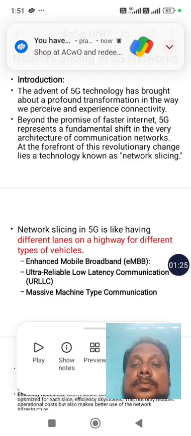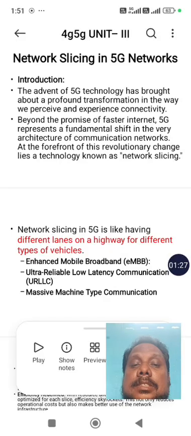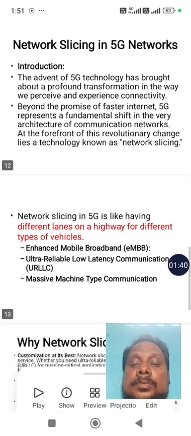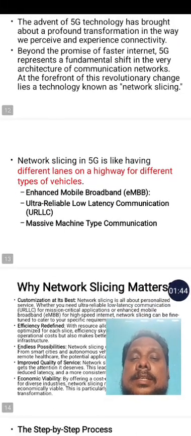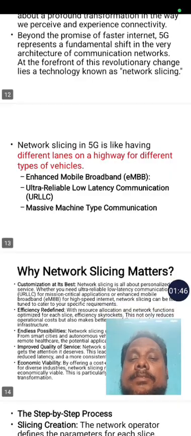So beyond the promise of faster internet, 5G represents a fundamental shift in the very architecture of communication networks. At the forefront of this revolutionary change lies a technology known as network slicing. Network slicing in 5G is like having different lanes on a highway for different types of vehicles.